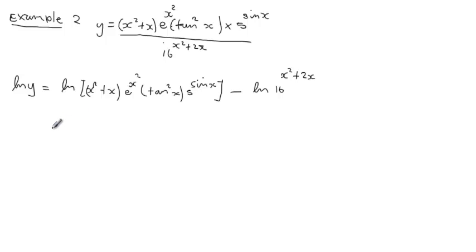So now, let's start by applying this. This is m times n times l times p. So the ln of a product is the sum of the ln's.